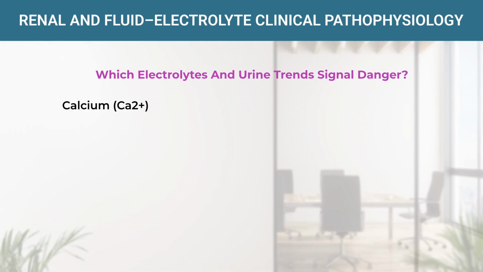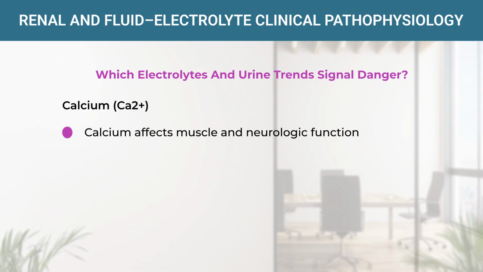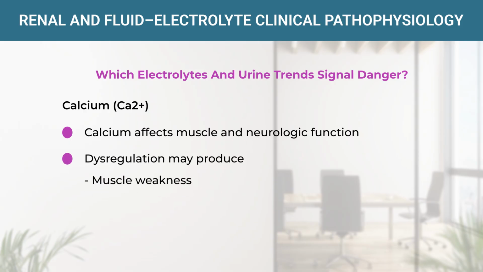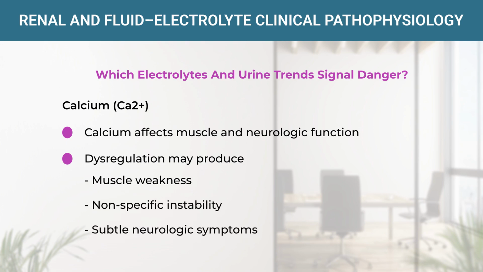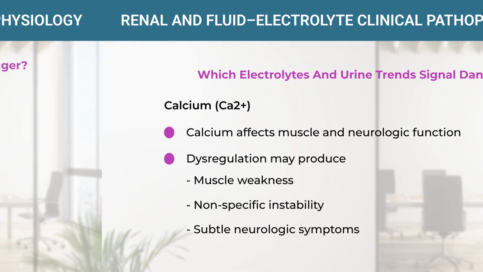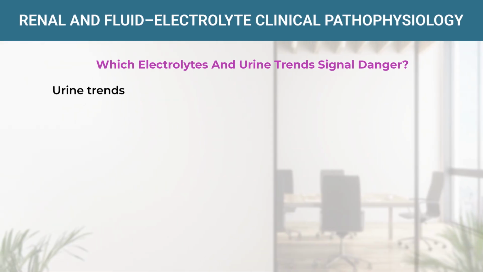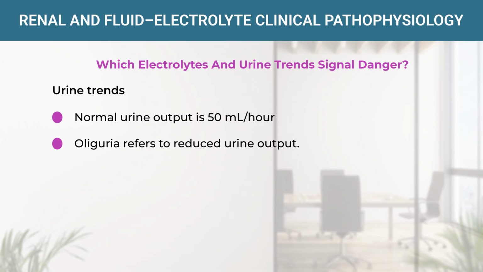Moving on is calcium. Calcium affects muscle and neurologic function. Dysregulation may produce muscle weakness, nonspecific instability, and subtle neurologic symptoms. Urine trends. Normal urine output is 50 milliliters per hour, while oliguria refers to reduced urine output.